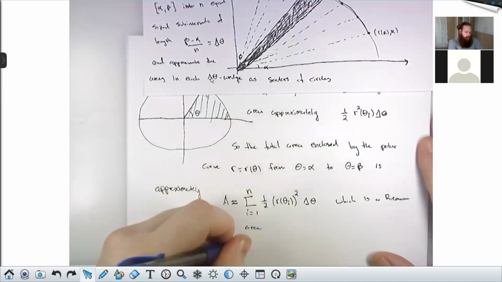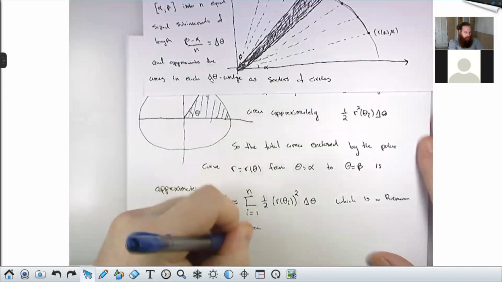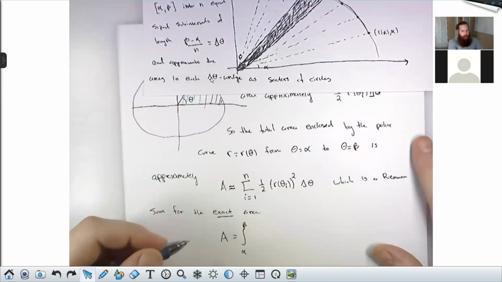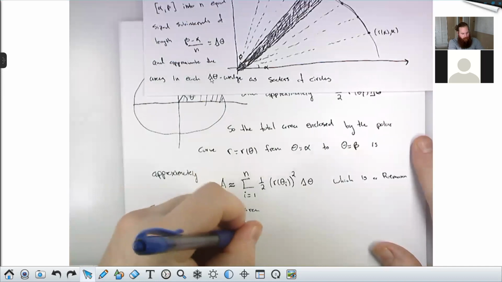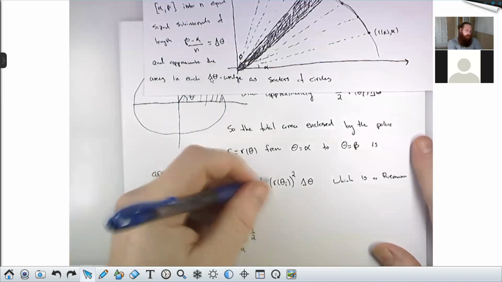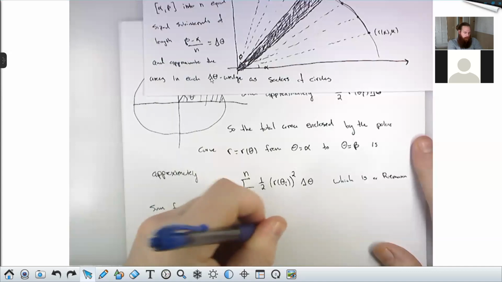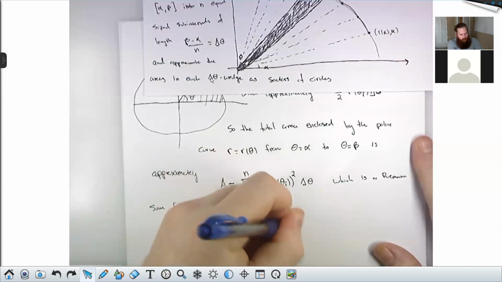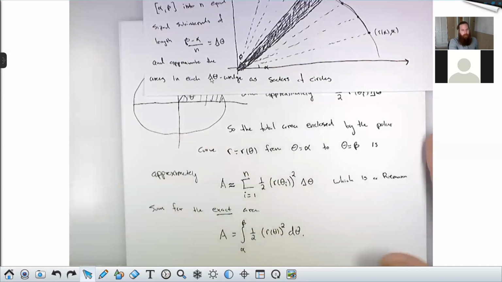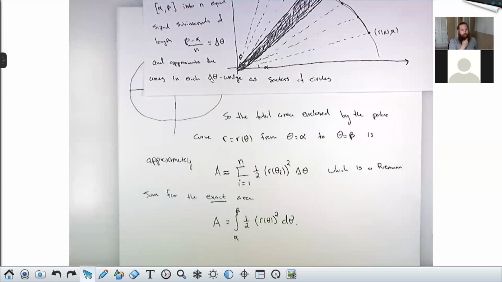And if we translate that Riemann sum into an integral, the integral is the integral from alpha to beta of 1/2, you don't integrate the function r, you integrate r squared. So r of theta all squared d theta. And that's it.